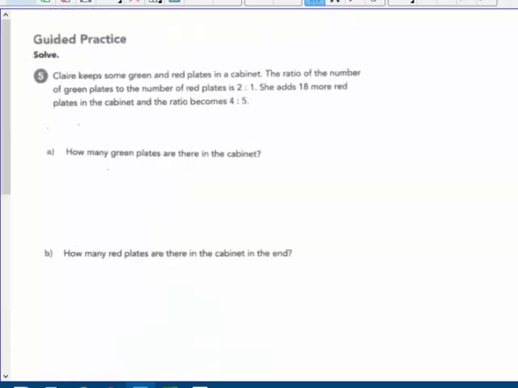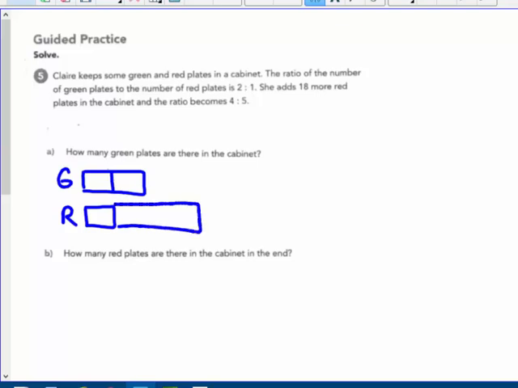And last one. Claire keeps some green and red plates in a cabinet. The ratio of green plates to the number of red plates is 2 to 1. She adds 18 more red plates. So she adds 18 more here. And the ratio becomes 4 to 5.